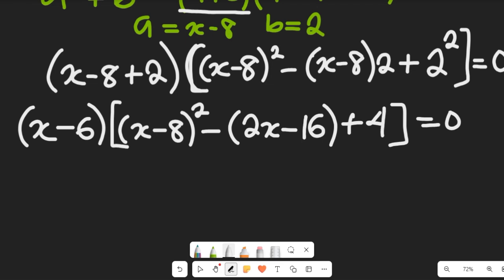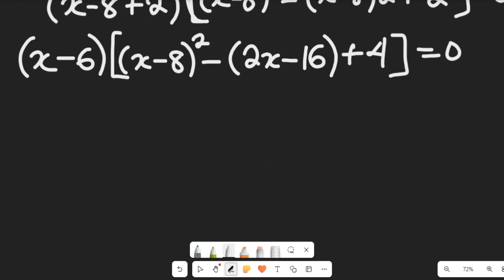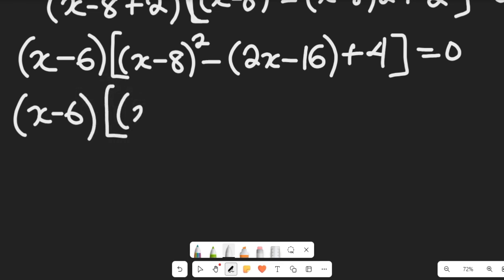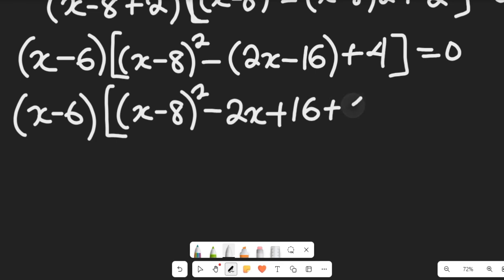We're going to simplify that further, expanding that bracket: minus times plus 2 is negative 2x, plus 16, plus 4, all close bracket equal to 0.